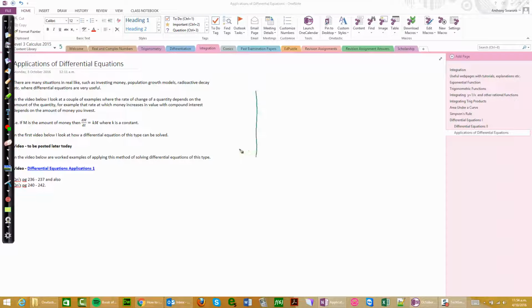So if this was time and this is the amount of money, let's say you started off here with this amount, I don't care what it is, whatever it is, then what would happen is that your amount of money would slowly increase, but would increase like that. This is called exponential growth. And this happens with compound interest.